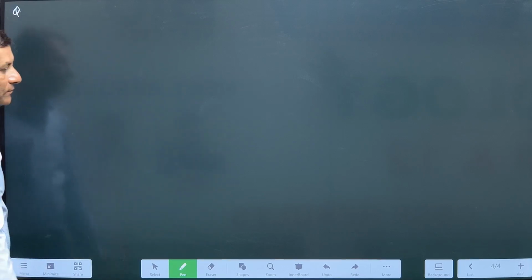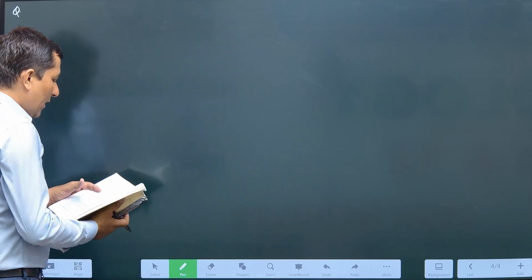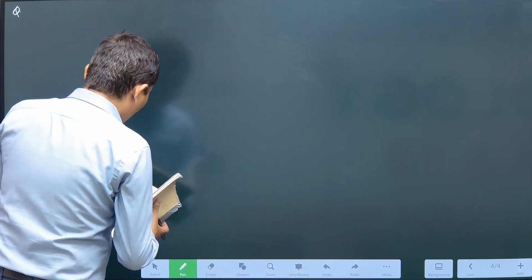Next question. Is it a parametric form question? No, it is not a parametric form. You have to prove it.